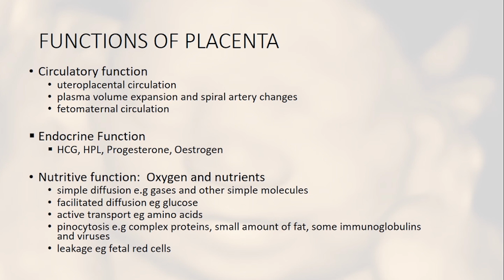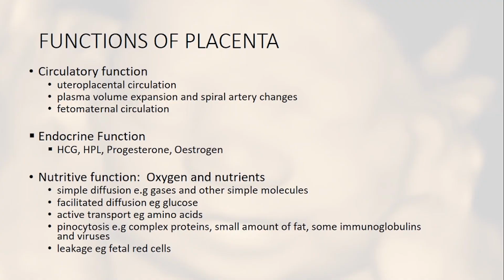So the placenta takes the role of many of the functions of the organs in a developed woman. It does circulatory function and endocrine function. It secretes a lot of hormones: progestogens, progesterone, estrogen, human placental lactogen, and human chorionic gonadotropin. It also serves a nutritive function.